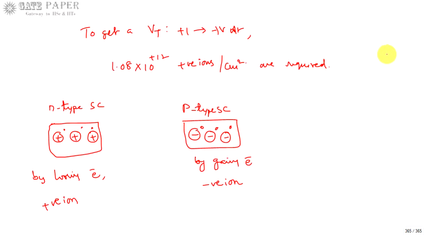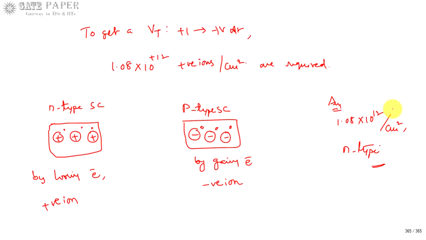So the answer is 1.08 into 10 power 12 per centimeter square, and it is N type impurity you are going to add. N type impurity gives rise to positive ions. That many positive ions are required.